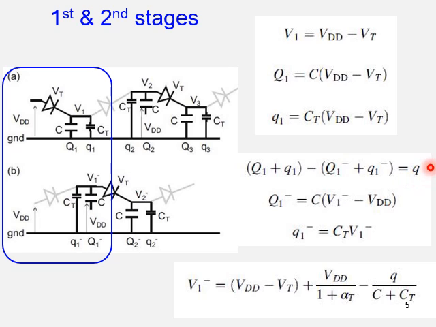And this small q is now defined as how much charge is transferred during half a period from the first stage to the second stage. And therefore, this amount of transfer charge is given by the initial amount of charge minus the final amount of charge, like this.